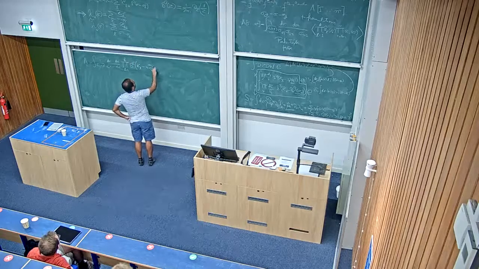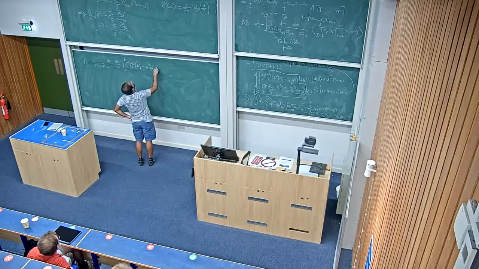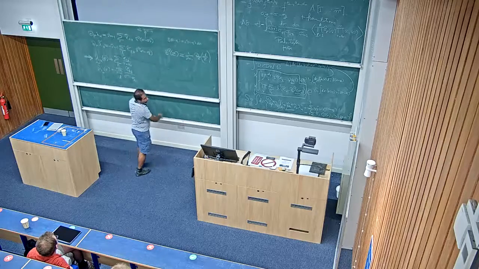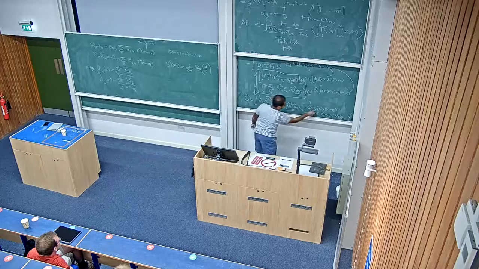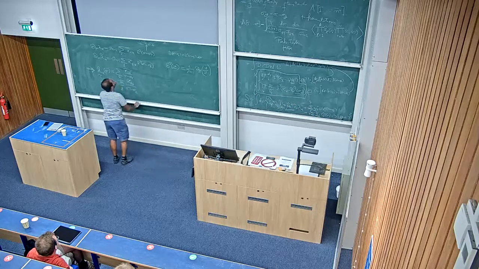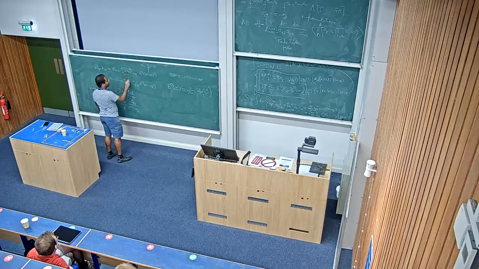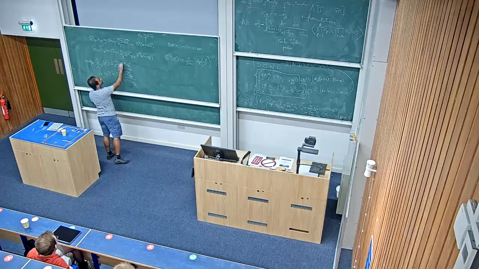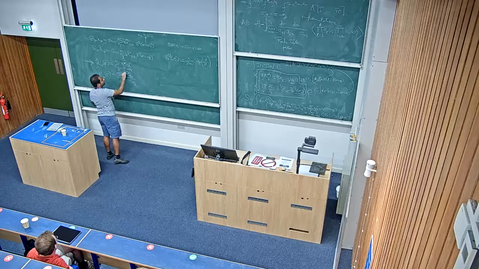Kappa R. I also forgot the S's. There are also S's here. Sorry for the small font. These S's also sit here. So I have an S R here and S tilde L here.